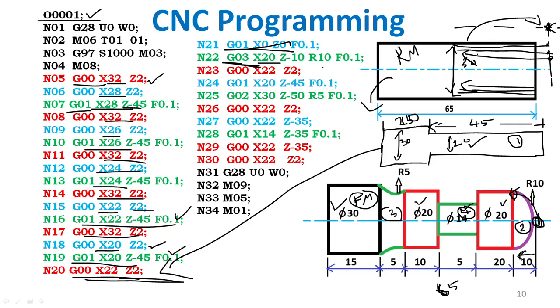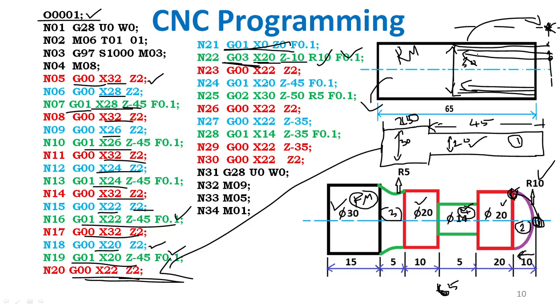The radius is 10, so R is 10, feed rate is 0.1. So G03 means circular interpolation in the counter clockwise direction, CCW. X is 20, so it completes here. The length is 10 mm and the radius is R10, F0.1. So this is circular interpolation CCW.